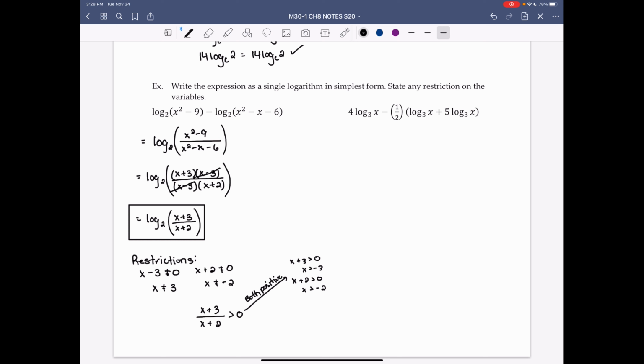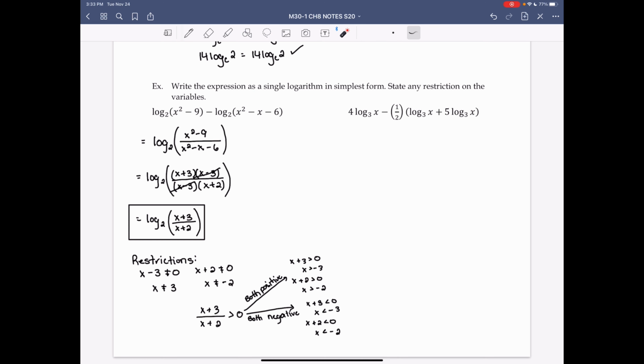And then we can look at the other case, which is that both top and bottom are negative. We have x plus 3 is less than 0, which means x is less than negative 3. And x plus 2 is less than 0, which means x is less than negative 2.